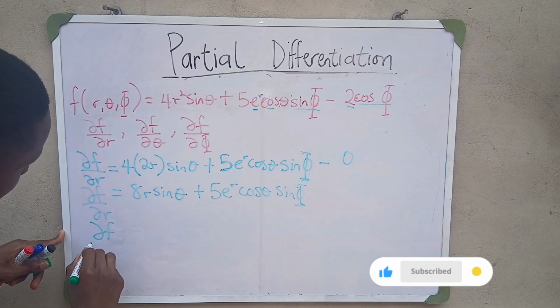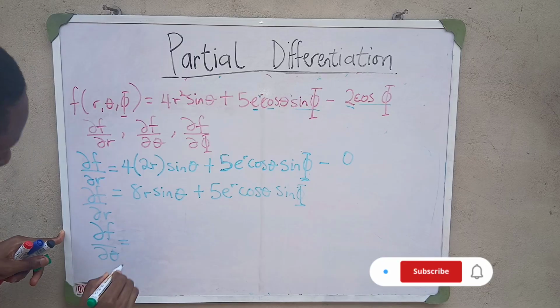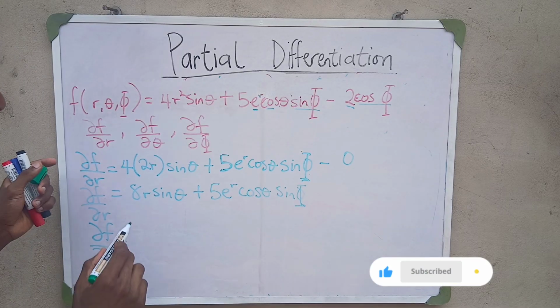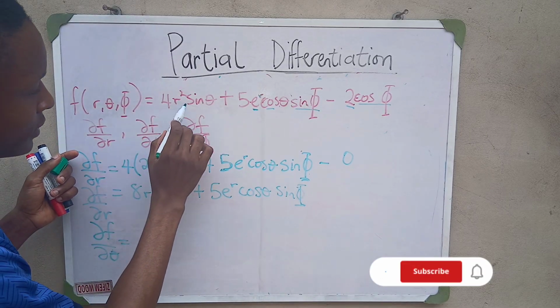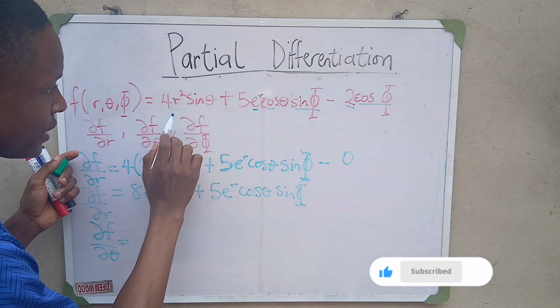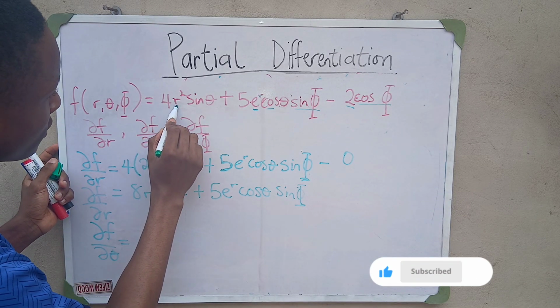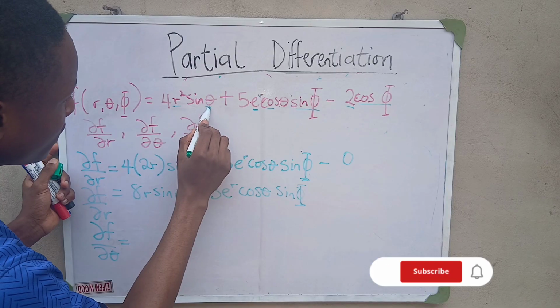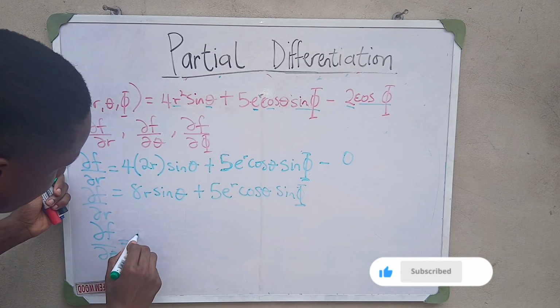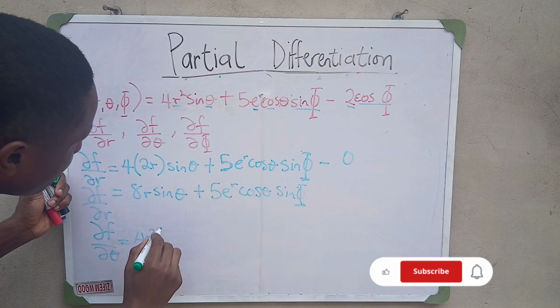For partial f over partial theta, anything other than theta is a constant. So here this is a constant. So we differentiate sine theta. So we have 4r square.